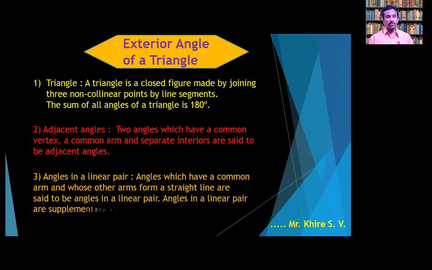Angles which have a common arm and whose other arms form a straight line are said to be angles in a linear pair. Angles in a linear pair are supplementary angles. Supplementary angles means the sum of these angles is 180 degrees.